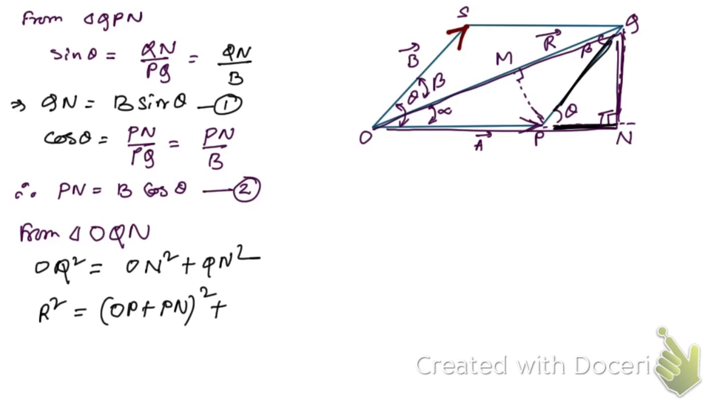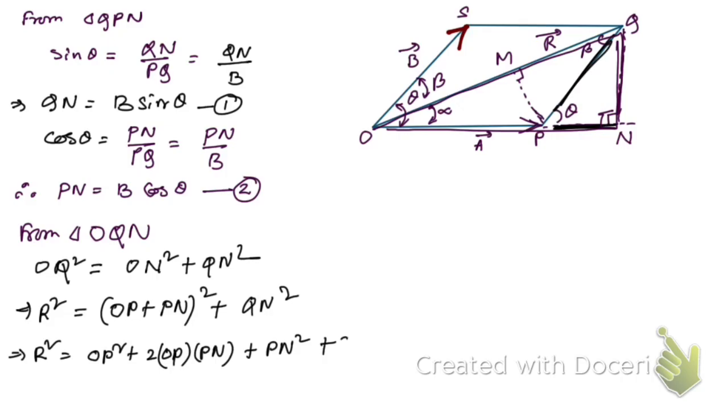Then QN square, I will replace this later. Now R square, let us apply A plus B whole square. Then we're going to get OP square plus 2 OP into PN plus PN square plus QN square.